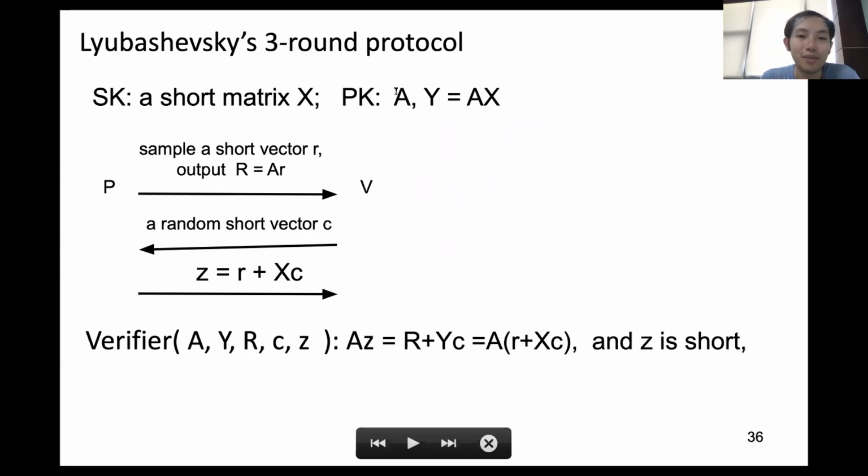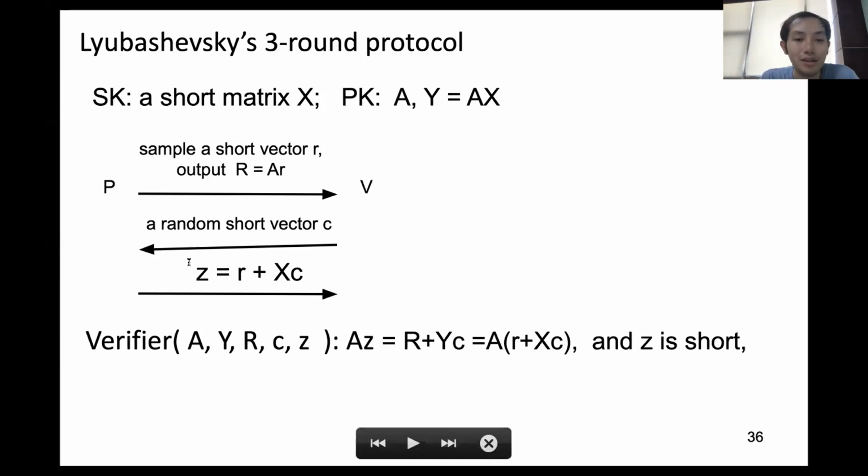The public key is going to be A and Y. Everything is mod P, by the way. To prove such a statement, the prover samples a short vector r and outputs R equals A times lowercase r. And the verifier will toss a short random vector C. Here it's required to be short because you need to combine it with the SIS problem.